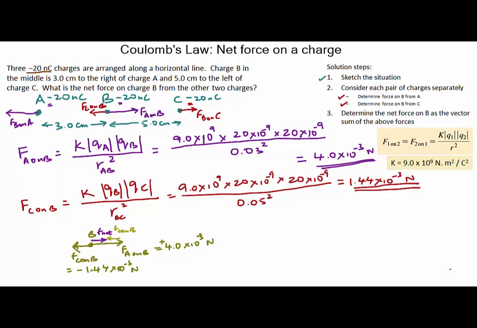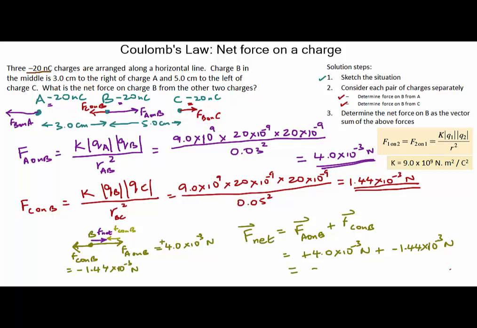And so now that I have the directions captured in the sign, I can get F net as simply the vector sum of the two forces, F A on B plus F C on B, which given our coordinate system here would be plus 4.0 times 10 to the negative 3 newtons. And to that I add a minus 1.44 times 10 to the negative 3 newtons.